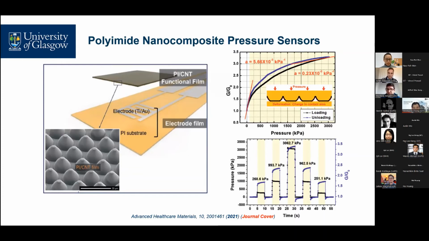And as you see in the bottom right figure, with this sensor technology we can detect extremely small to extremely large pressures. The reason is that we introduced these microstructures to improve the sensitivity of these pressure sensors for low pressure measurements. At the same time, we use this polyimide substrate, which is a tough, durable material, in order to measure very high pressures.